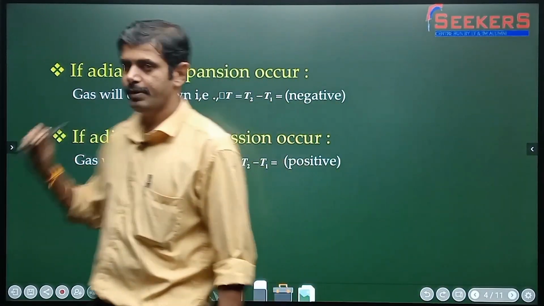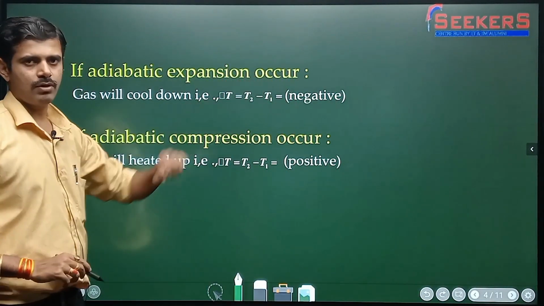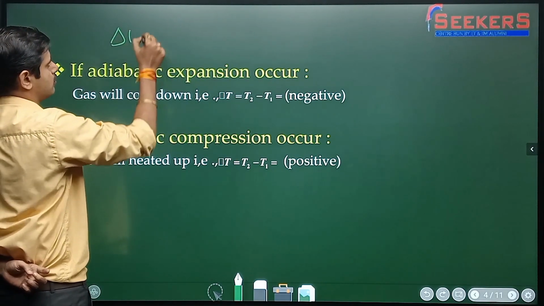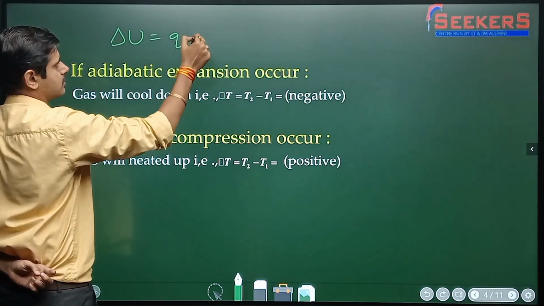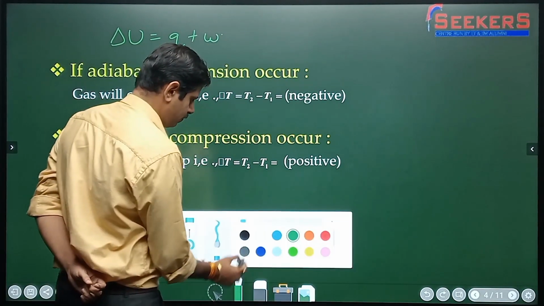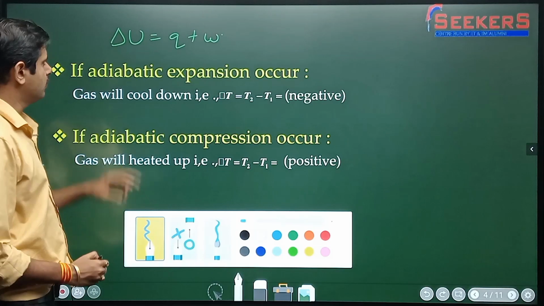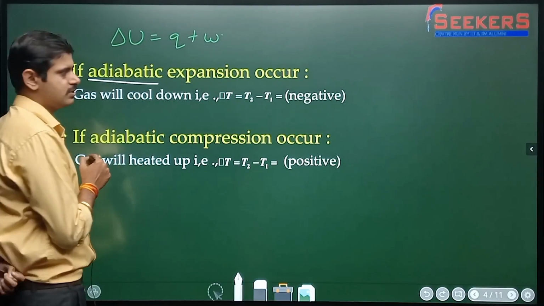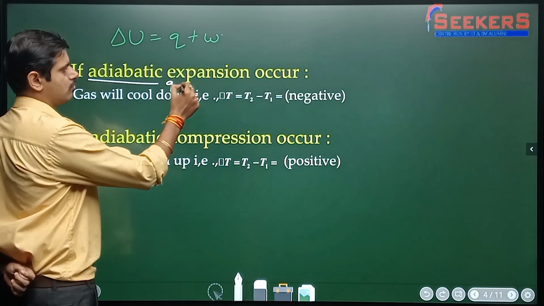Now we will see one case of adiabatic process. Adiabatic expansion occurs. According to the first law of thermodynamics, we know delta U equals Q plus W. Now what happens here? We have an adiabatic expansion, so Q will be equal to 0.